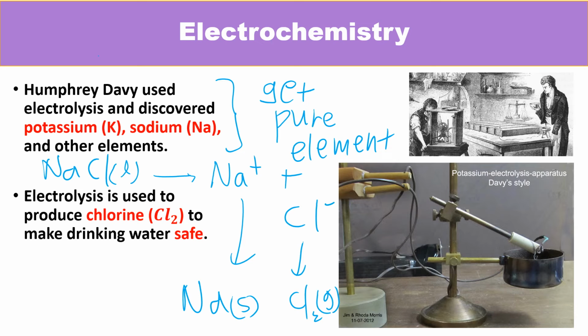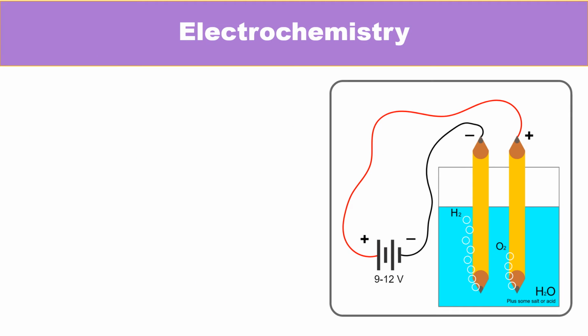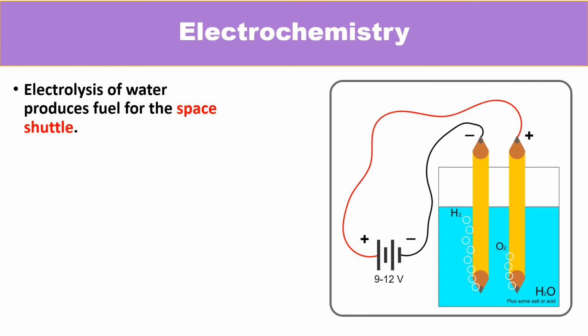We use it to produce chlorine to make drinking water safe also. Chlorine has a disinfectant effect. If you watched a movie called The Martian, which I hope English class goes through as a novel study, electrolysis of water produces fuel for the space shuttle.